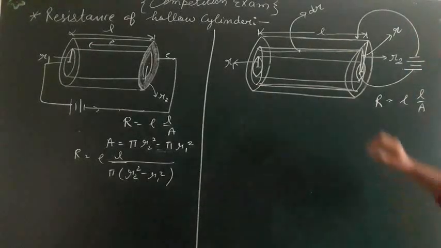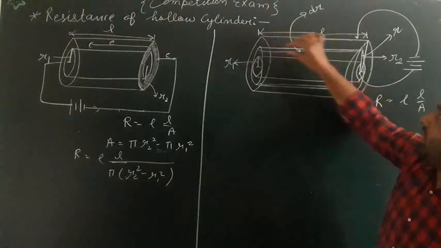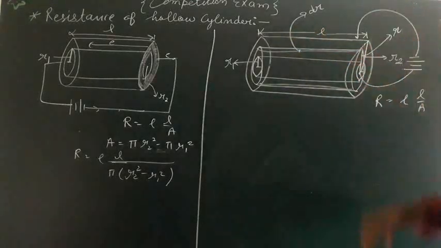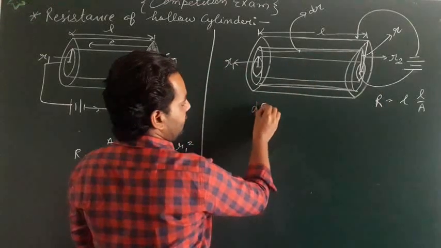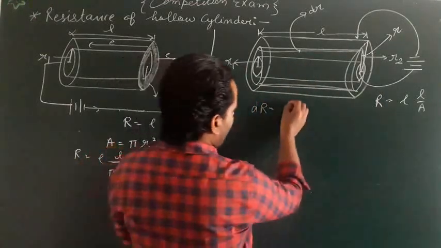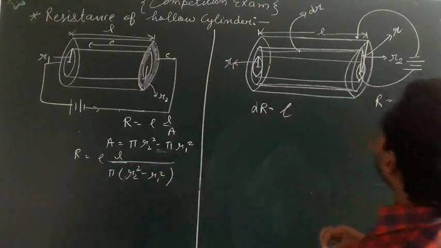We will find the resistance of that small cylinder of thickness dr, and then we will integrate. So what is the resistance of that cylinder? dR is equal to rho times the length.